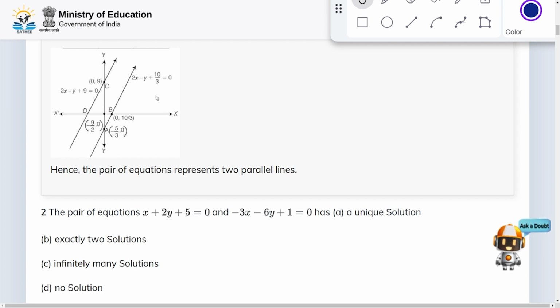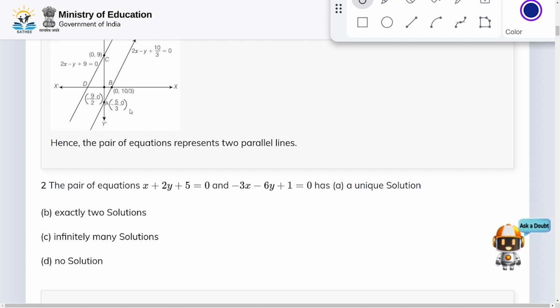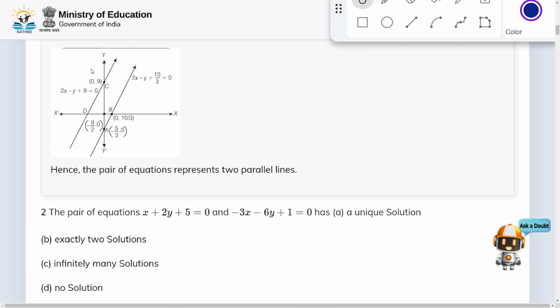The graph of this equation intersects the y-axis at 0 comma 10 by 3 and the x-axis at minus 5 by 3 comma 0. Hence this pair of linear equations represents two parallel lines.